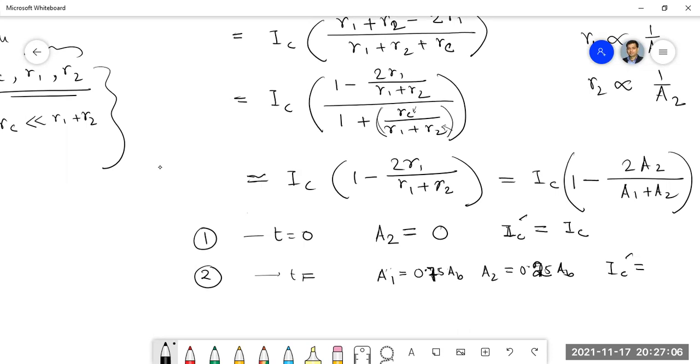If we put these values in that expression, IC by 2. Okay, so in the third instant, both are the same. A1 is 0.5 and A2 is also 0.5. So IC prime will be 0.